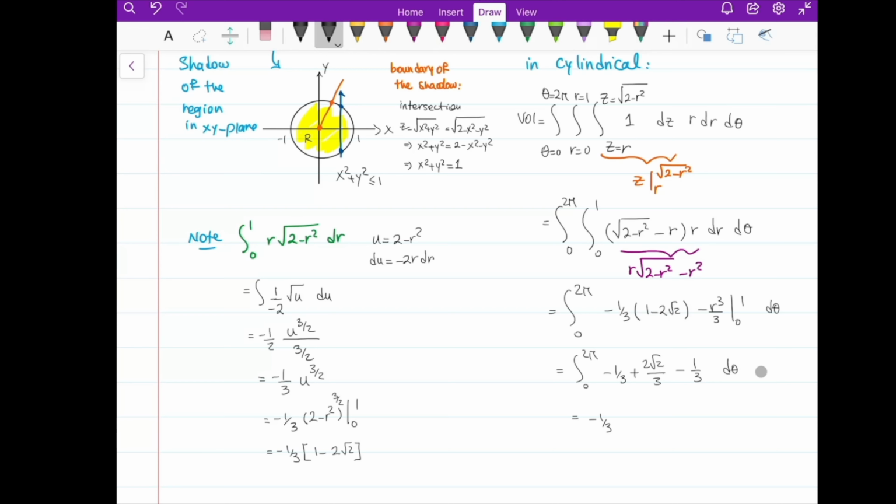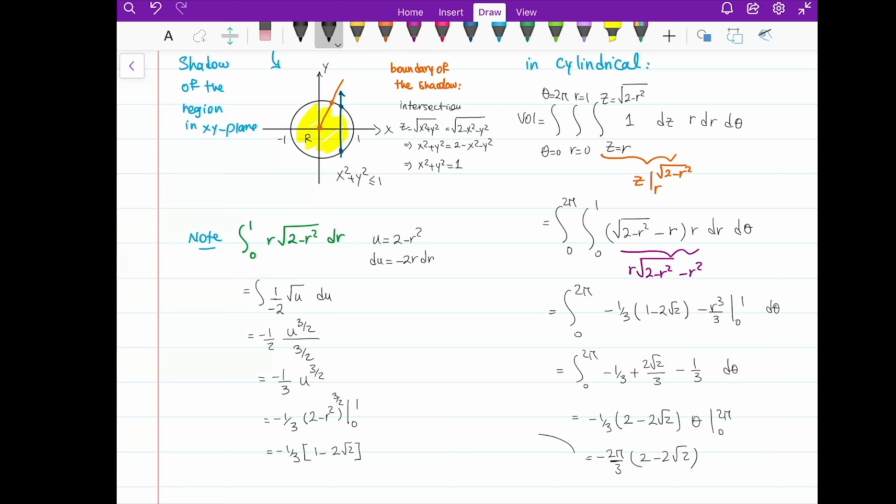Negative 1/3. Let me factor out the 1/3 from everything. So I get a 2 because of that, and then minus 2 root 2, and then times theta from 0 to 2 pi. So I get negative 2 pi over 3, and then 2 minus 2 root 2. That's the volume. Our volume is not negative, it's just because 2 root 2 is bigger than that.